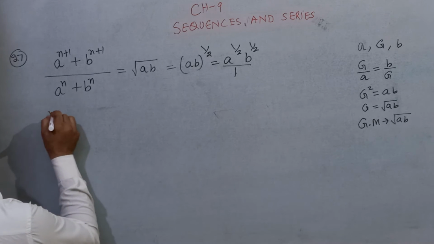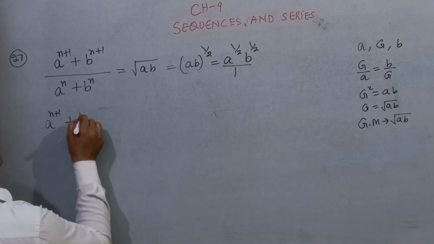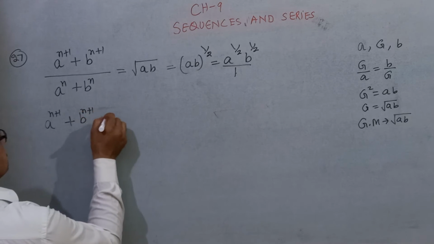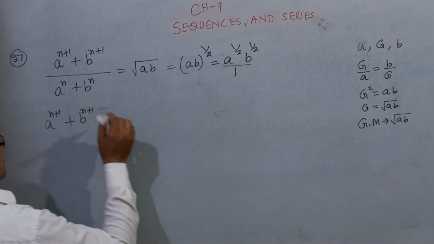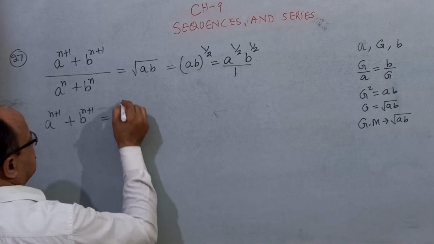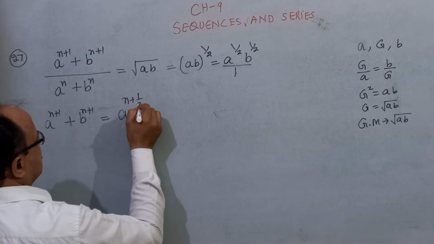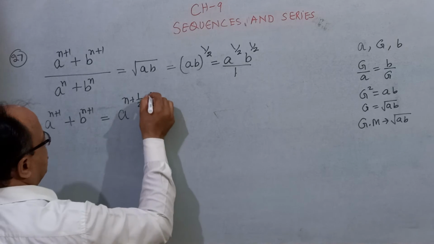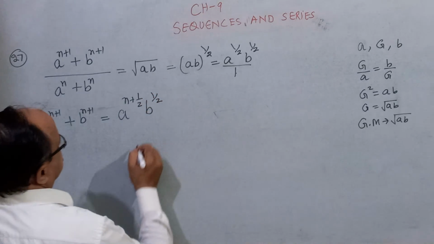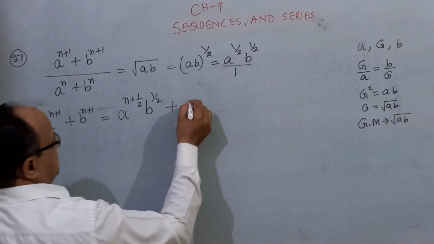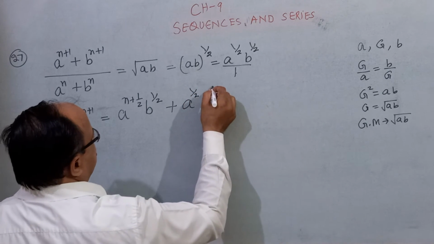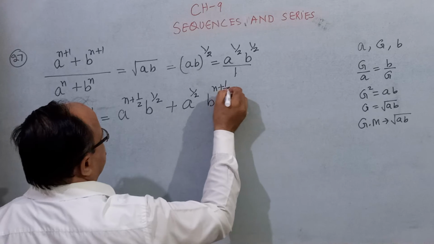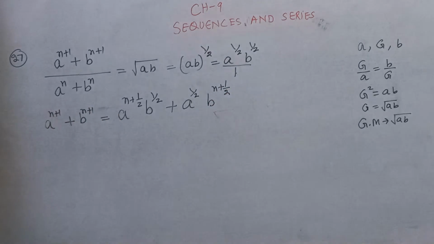A to the power n plus 1 plus b to the power n plus 1, when you multiply this by this, then a to the power n plus half, b to the power half, plus a to the power half and b to the power n plus 1 by 2. This is the cross multiplication.